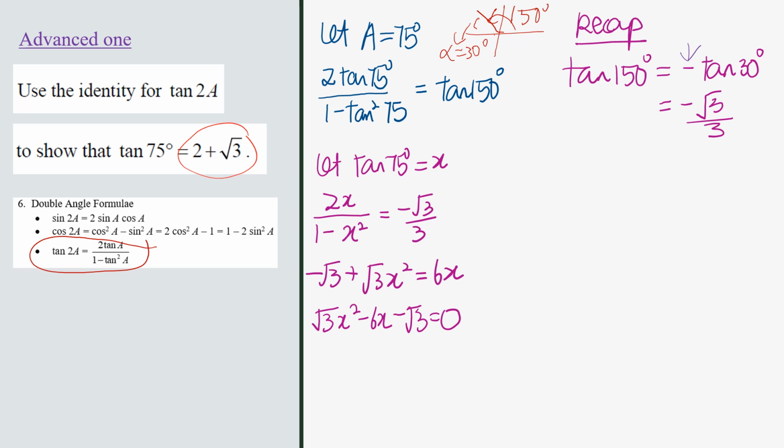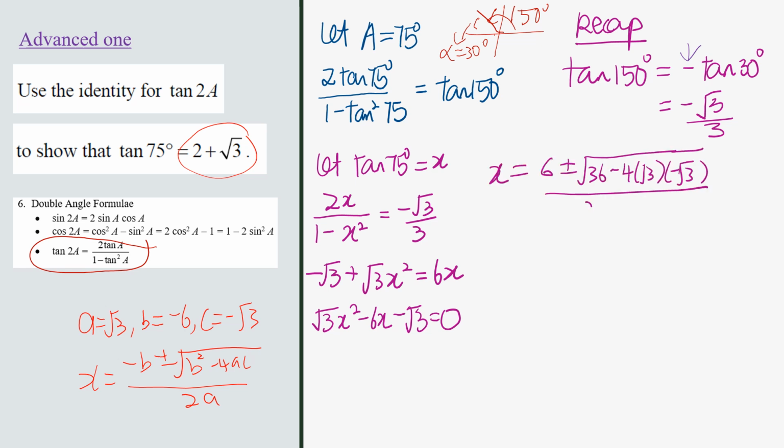So here your a is square root 3, b is negative 6, c is negative square root 3. If you remember your quadratic formula, we just substitute the values of a, b, c into it, and this is what you get. This part here, you can use your calculator to work out to be 48. So that will be 6 plus minus square root 48 over 2 square root 3.